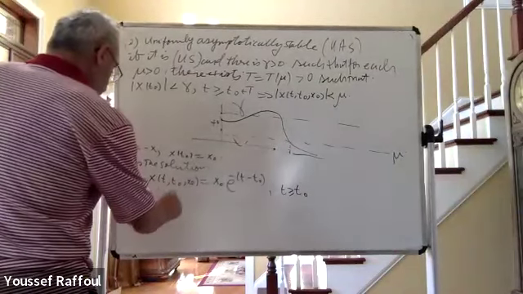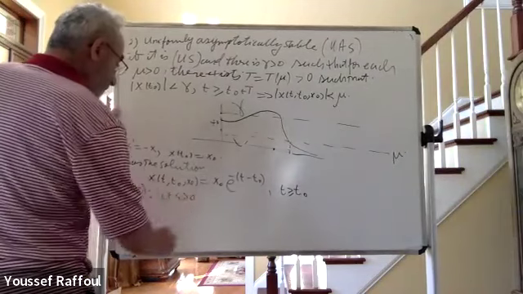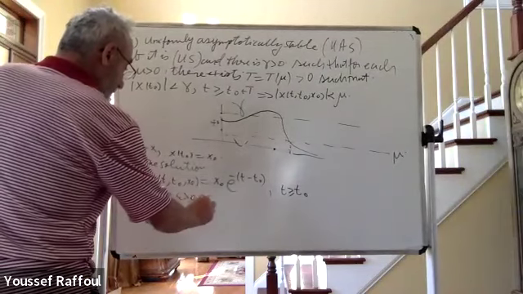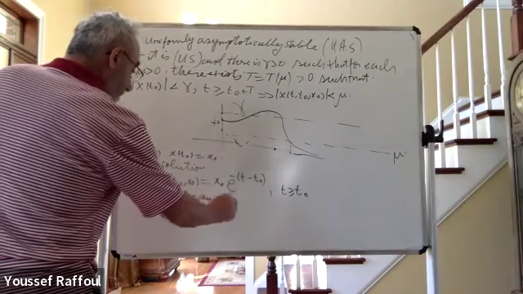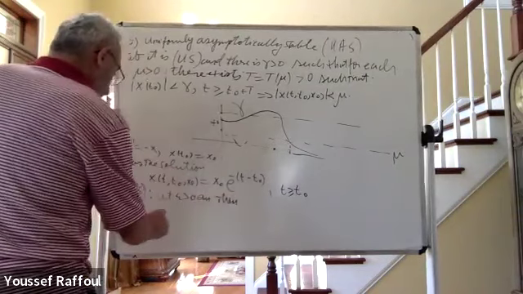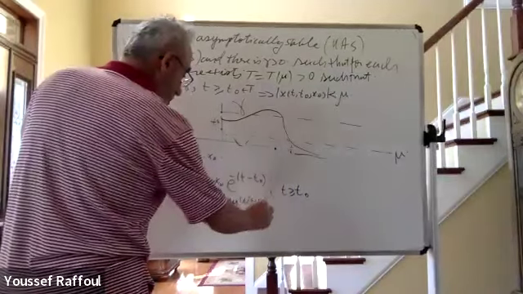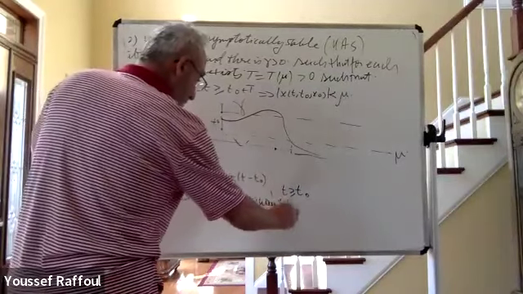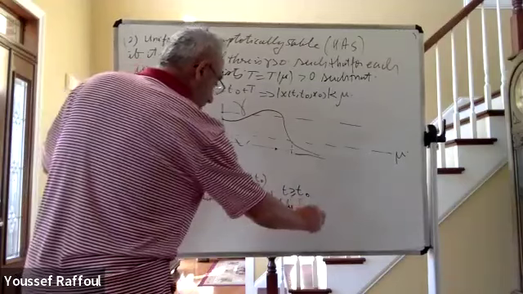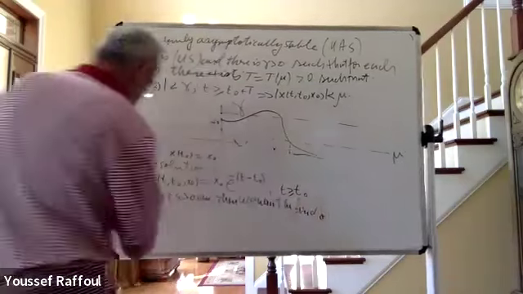So let epsilon be positive. Then we want to find delta.